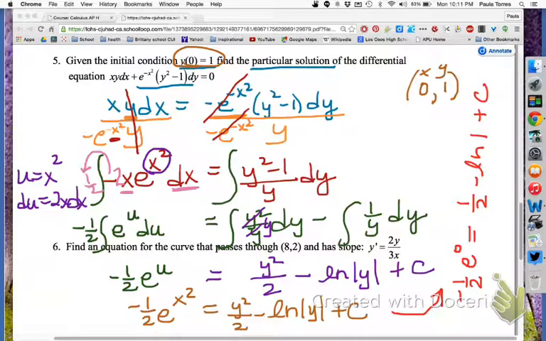And e to the 0 is, of course, 1, so the left side is negative 1/2. And natural log of 1 is 0. And if I subtract 1/2 over, I'll end up with c equals 1/4.